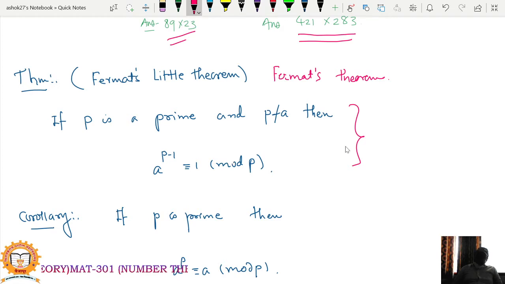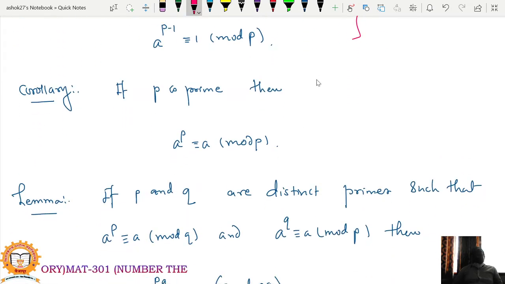So there is one famous corollary, called the corollary to Fermat's theorem. What is the statement of this corollary? This is a well-known corollary.